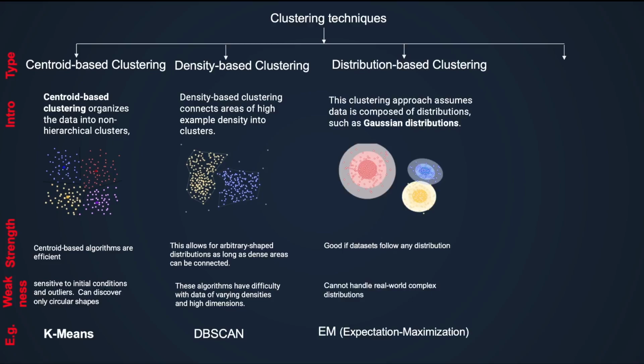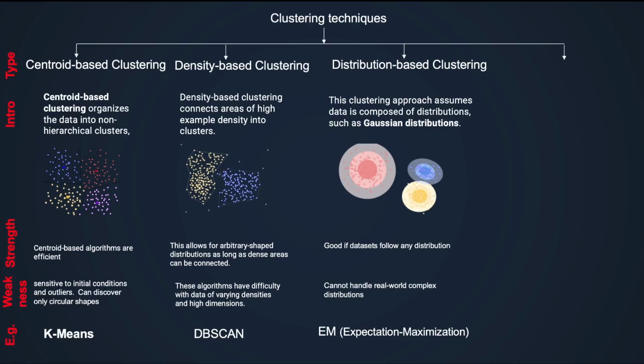Another type of clustering technique is distribution based clustering algorithms. These algorithms implicitly assume that the data follows a certain distribution such as Gaussian distribution and use these distributions to cluster the given objects within the data into clusters.